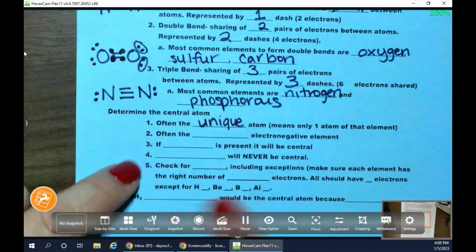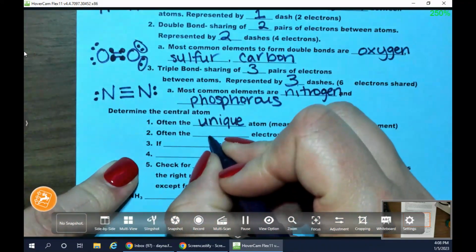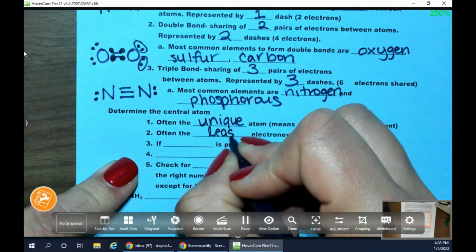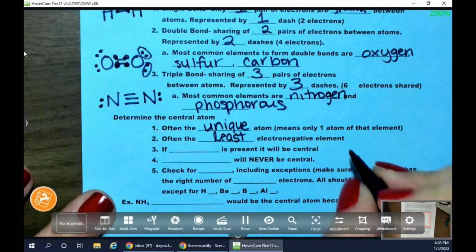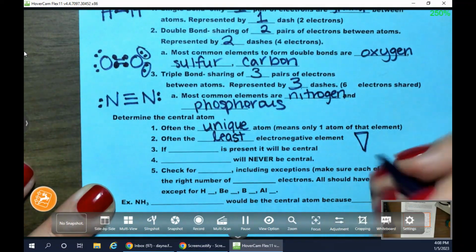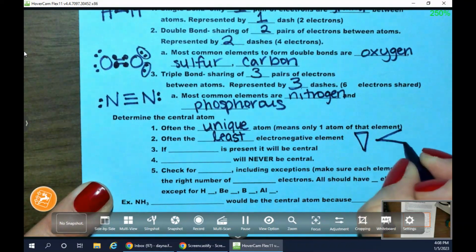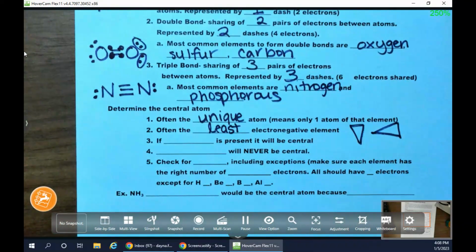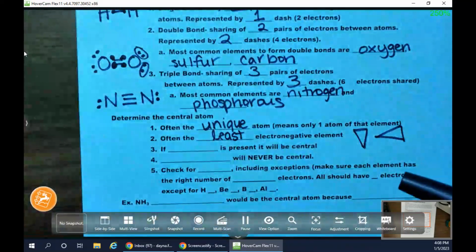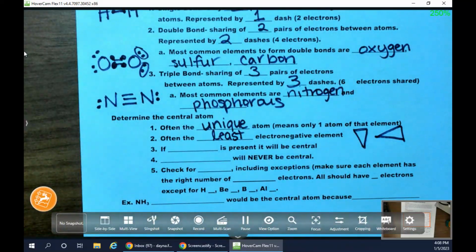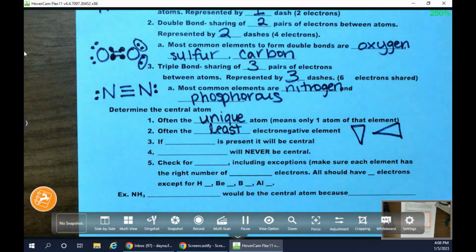So the next thing you would look at: often the least electronegative element, which is the ice cream cone trend. So we're looking for the tip of the ice cream cone. But once again, carbon is up here, iodine is right here. That's not an easy one either, right? So number 2 didn't work for us.